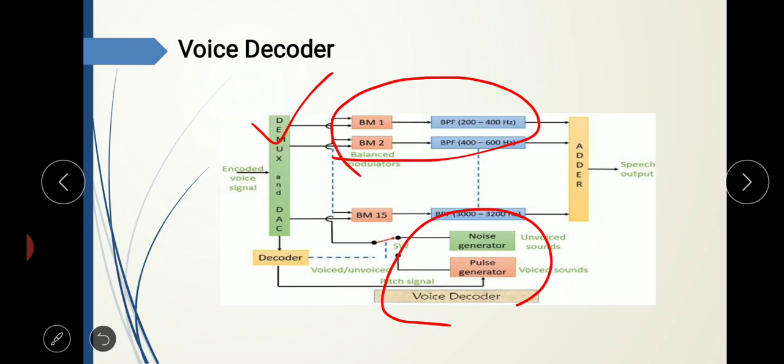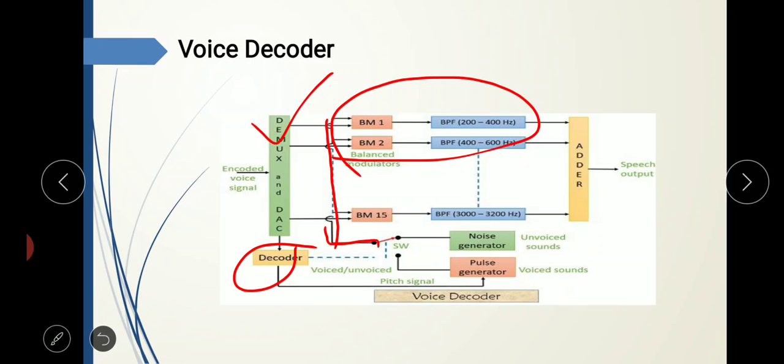Here you can see, to this balance modulator, from this switch we give input to the balance modulator, and this switch is controlled by this decoder.